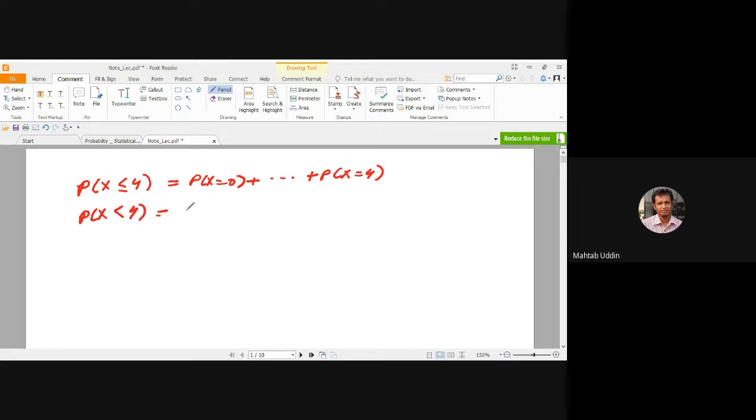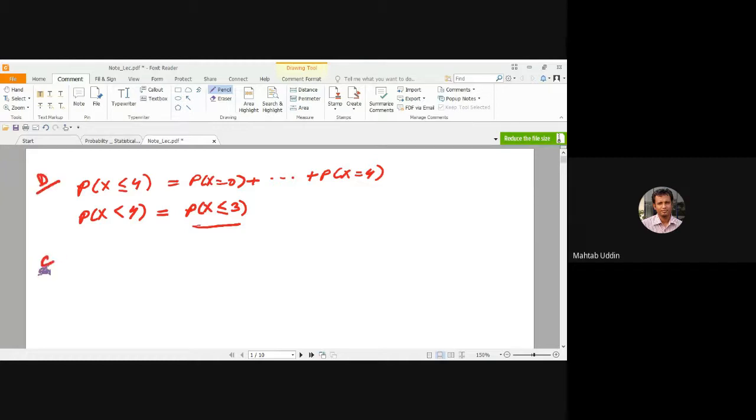Less than 4 means what? Less than or equal 3, right? Less than 4, that means less than or equal 3. Okay, because the numbers are counting. They are discrete. So before 4, it's what? 3. All right. Yes, sir. This is for discrete values.